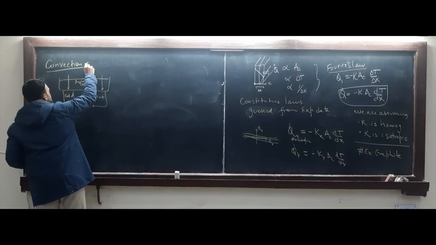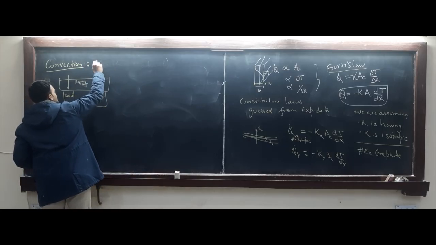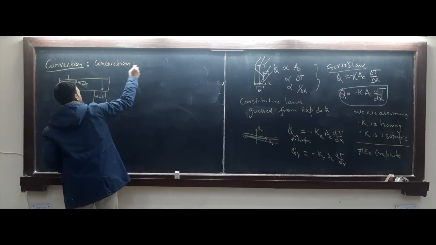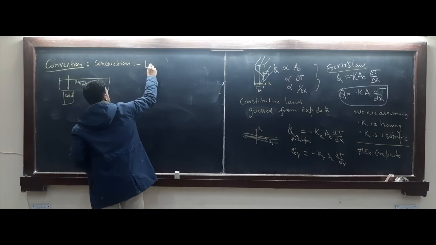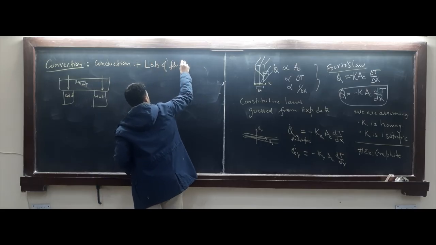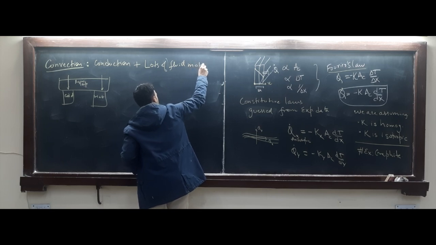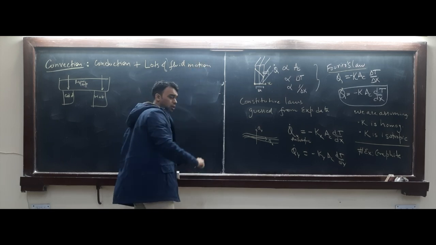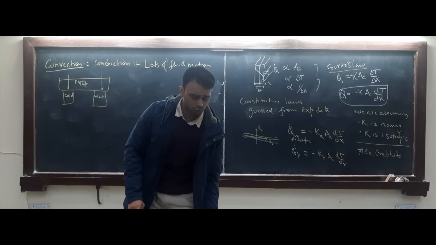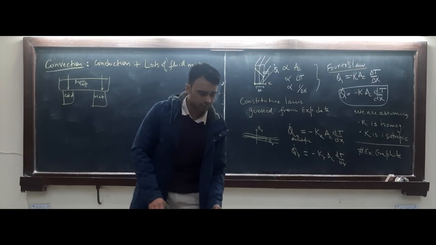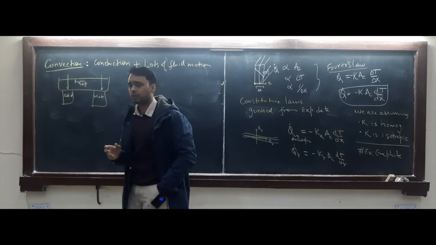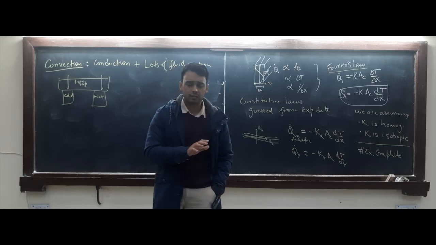Now what convection is: it is conduction plus fluid motion. Why do I call it conduction plus something? Convection, for me, and some of the classical textbooks mention that ultimately the fluid is exchanging heat.